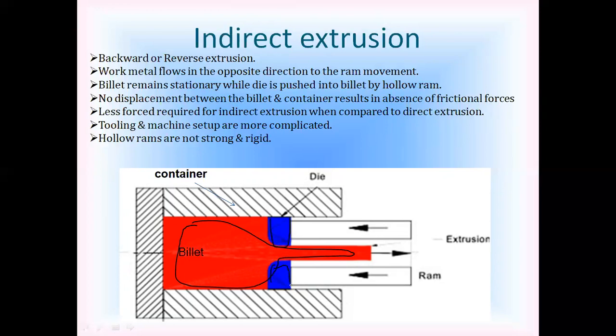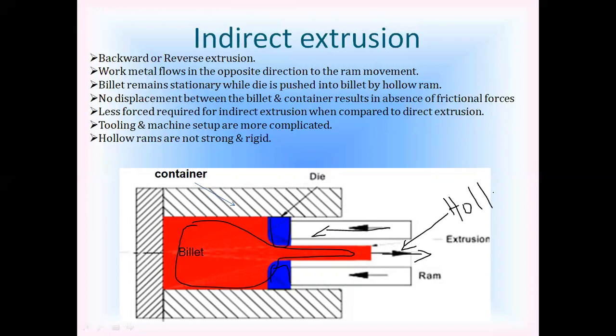If you observe this diagram carefully, as the force is applied in this direction towards the billet, the material is extruded in the opposite direction through the ram which we are using. This ram is hollow in nature.